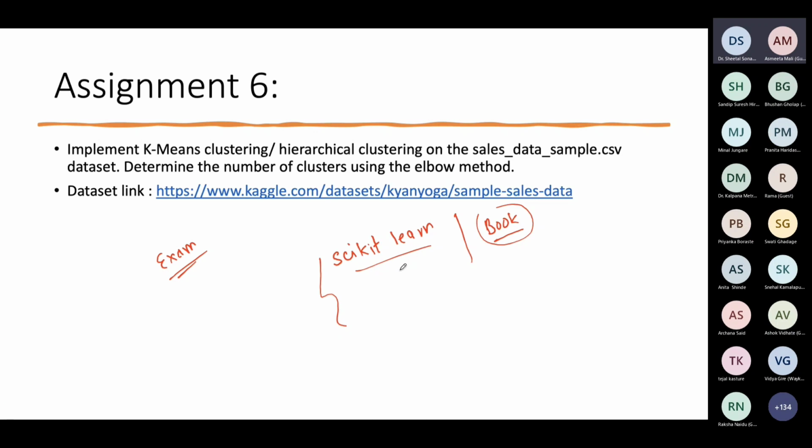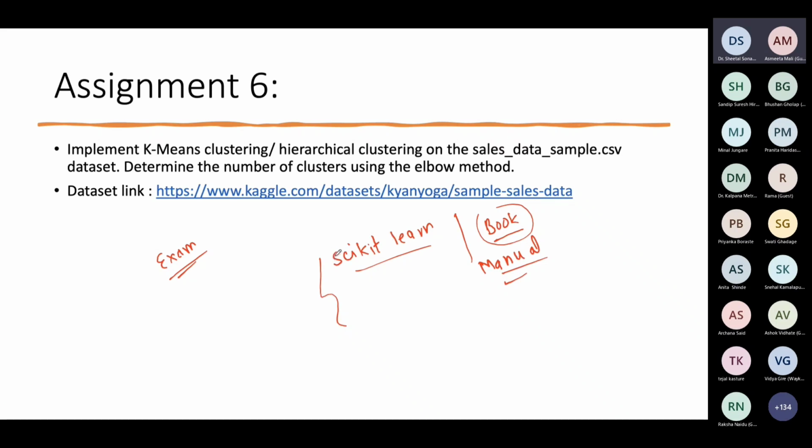They can see the parameters, because it's not required for them to mug up the entire parameter list. Their understanding is important for implementing the assignment. So these manuals should be available on each and every machine when the exam for machine learning for LP3 is conducted. Okay, so this is what is expected.